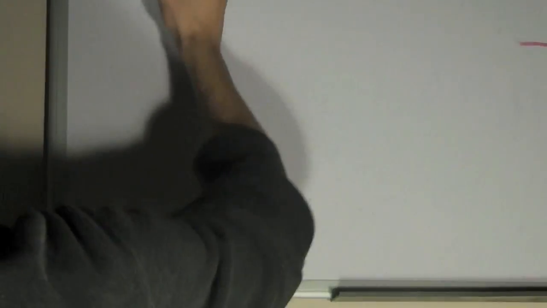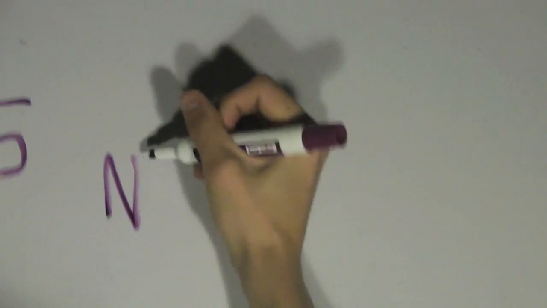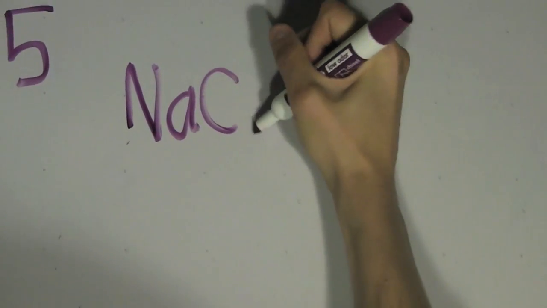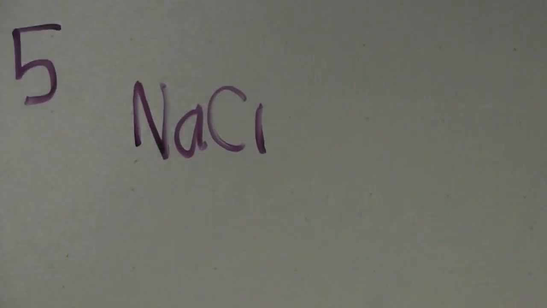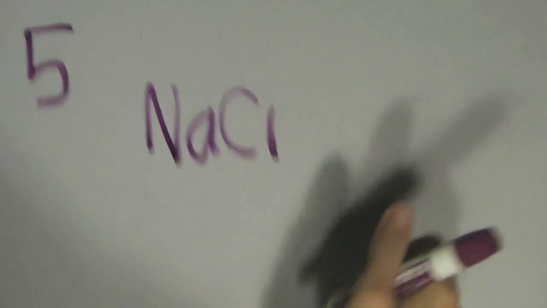Now, his 5th atomic theory was that compounds are formed when atoms of different elements meet. So let's take this element. Now we know that that's not nickel, it's sodium chloride.